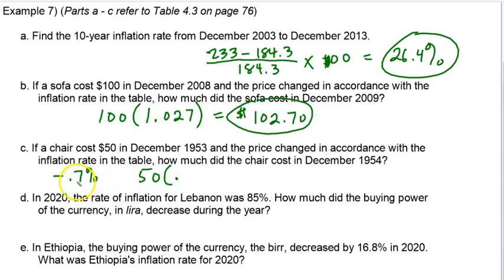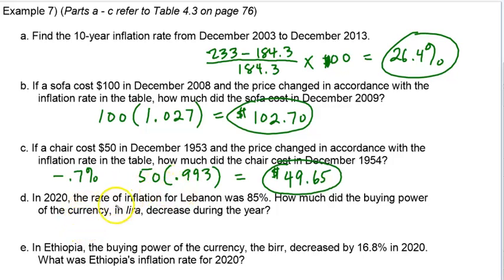So 1 minus 0.007 is 0.993. And that gives us our amount of $49.65. So it's going to be a little bit cheaper the next year because we had deflation. Prices are going down. Doesn't happen very often.